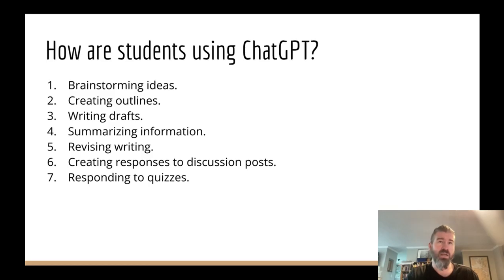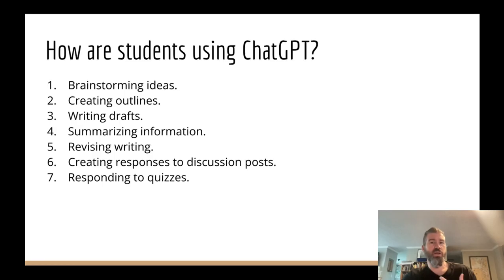I'm not going to explain how I can tell or what the red flags are, because obviously I can't tell 100%, but my suspicion does get raised in some discussion posts and even responses to quizzes. So when we think about AI, and I'll talk about which of these are okay and which of them are not okay. Sort of spoiler alert, almost all of these are not acceptable uses in my course.